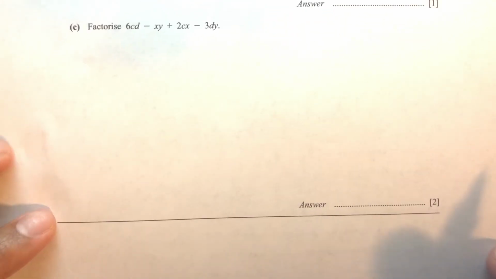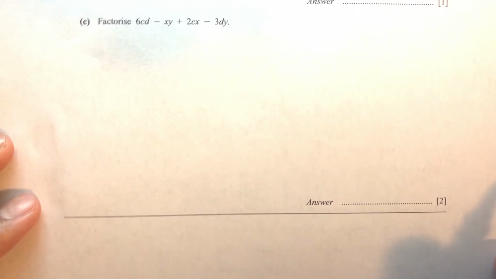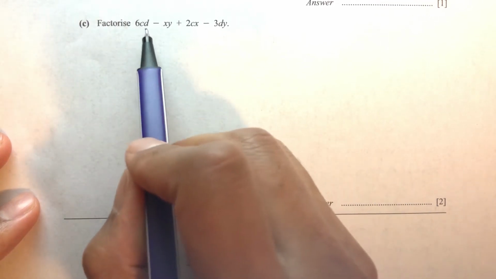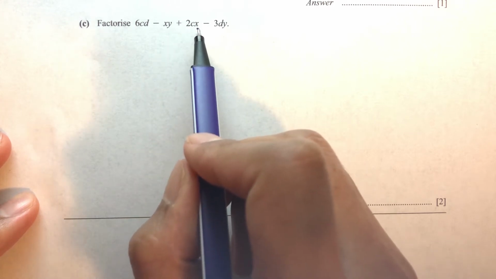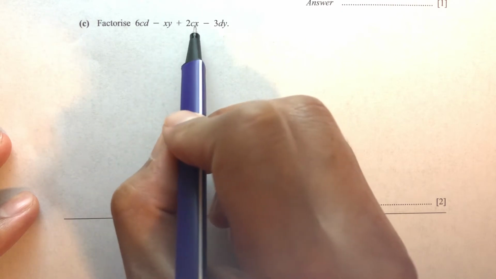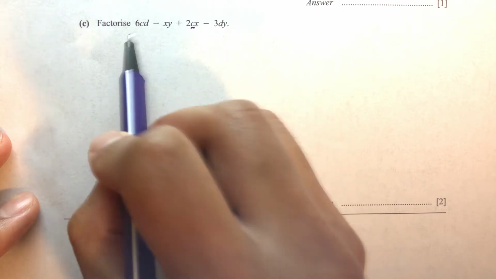Okay, and for the last part, we have 6cd minus xy plus 2cx minus 3dy. We can see we have c here and we have c here.